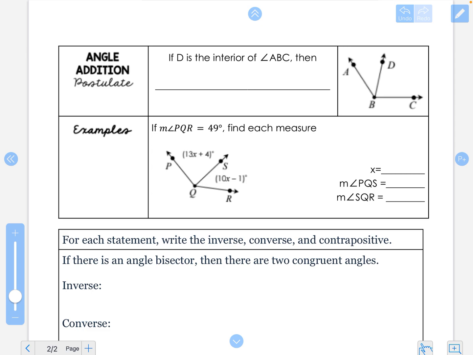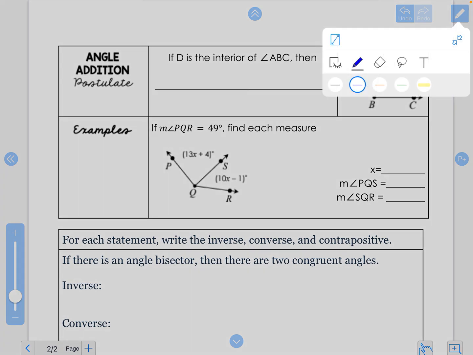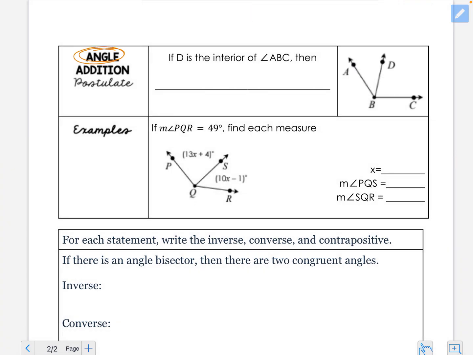All right, now let's talk about one additional rule. We talked about our segment addition postulate. This time we're going to talk about our angle addition postulate. It is almost the exact same thing as the segment addition postulate, but now we're talking about angles.